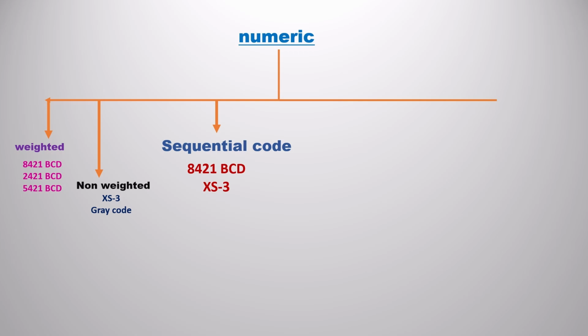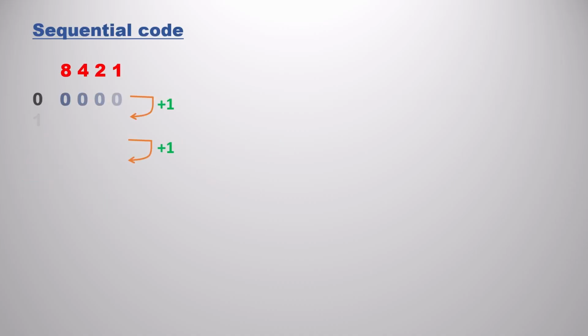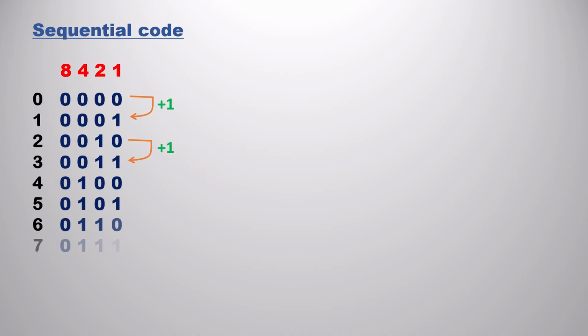If you move further, the next type in the numeric type is sequential. The examples under this are 8421 BCD, which we have already seen, and XS-3 code as well. One important thing in the general 8421 BCD: if you add 1 to any digit, you move to the next step.